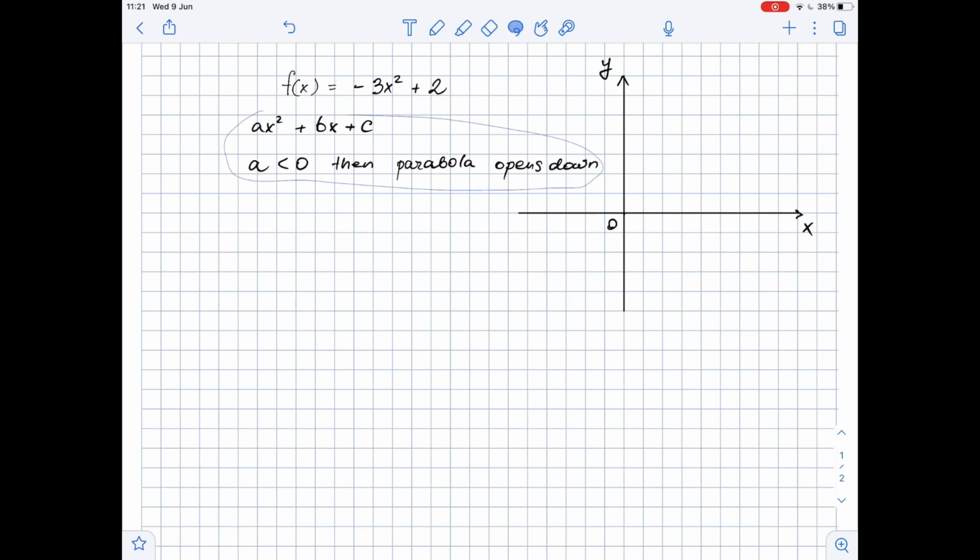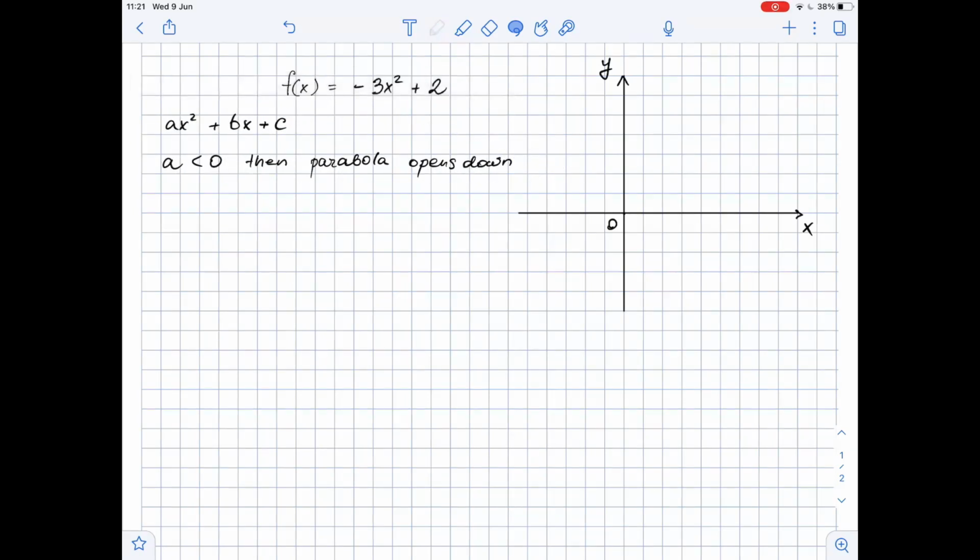So now we look at our function. Here we have a equal to negative 3. So a is less than 0, which means that our parabola opens down.